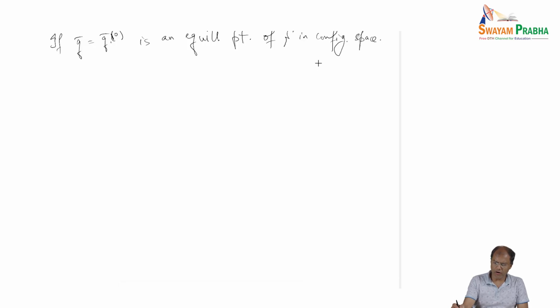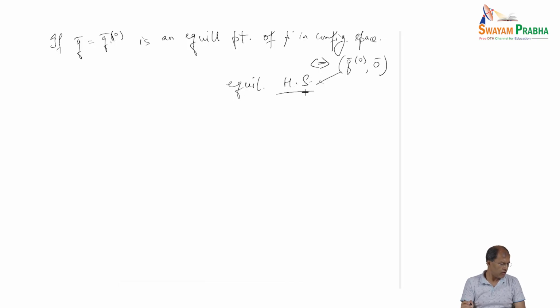In the Hamiltonian space, our corresponding variables are q0, 0, where p, the conjugate momenta, is 0. So this is the equilibrium in the Hamiltonian space. Before we move ahead, let us describe the concept of stable equilibrium here.